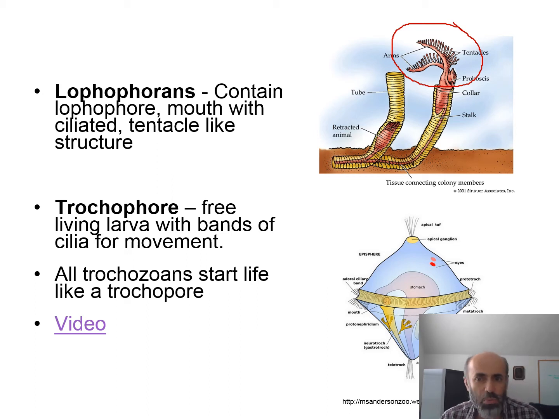These are tube-like organisms that pretty much stay embedded underground most of the time in the soil, or hiding somewhere all the time. Trochophores are free-living larvae with bands of cilia for movement. So they're different stages of life.